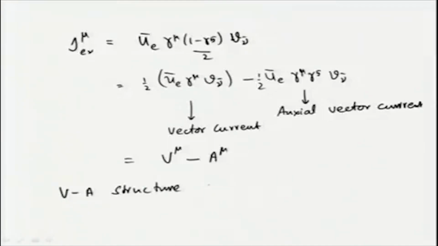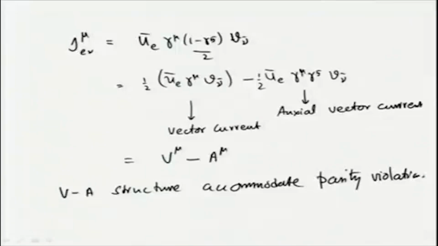The V minus A structure of the current accommodates parity violation. How? Because under parity V will transform in a slightly different way compared to A_mu.